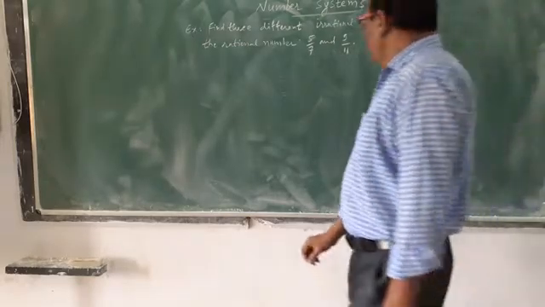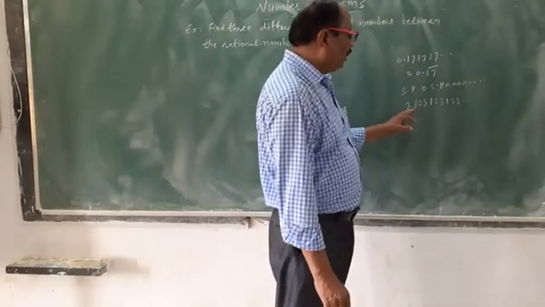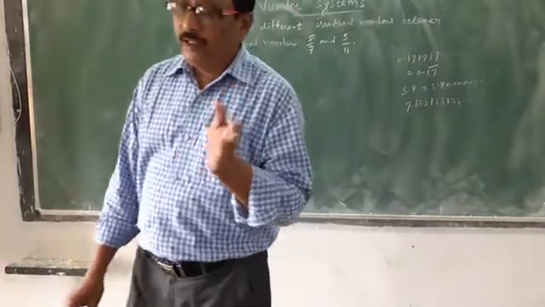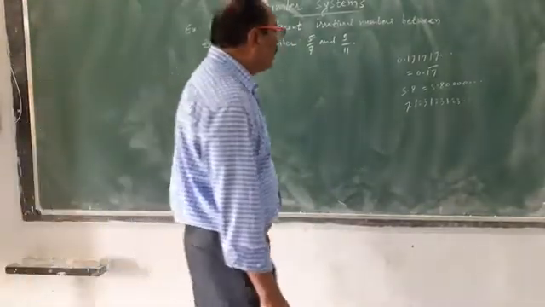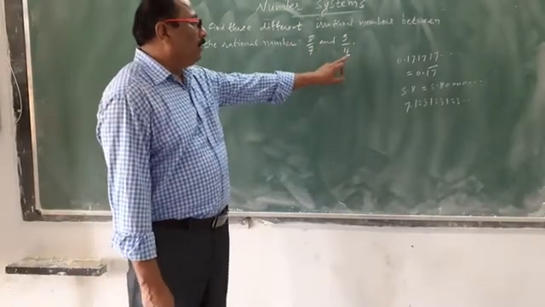Rational number means it is terminating or non-terminating, and one digit or two digits or a group of digits is repeating. It is rational number. This 5/7 is rational number, 9/11 is rational number.